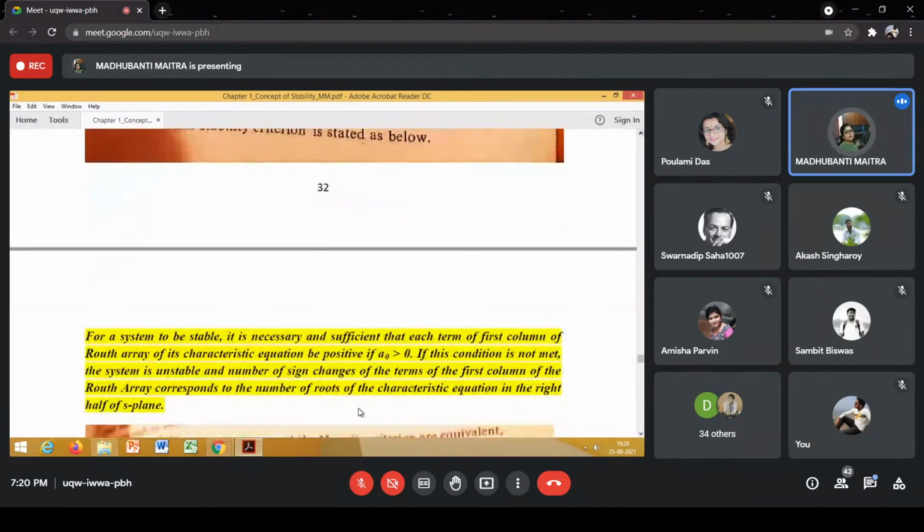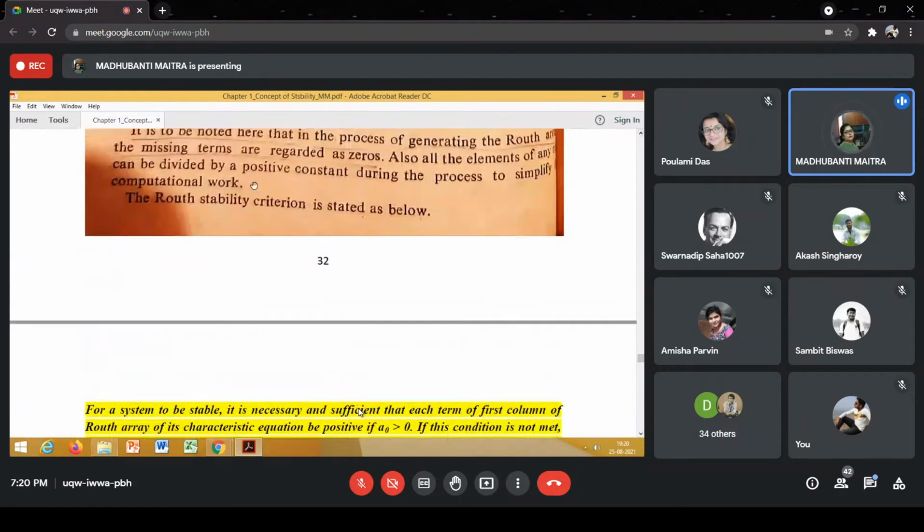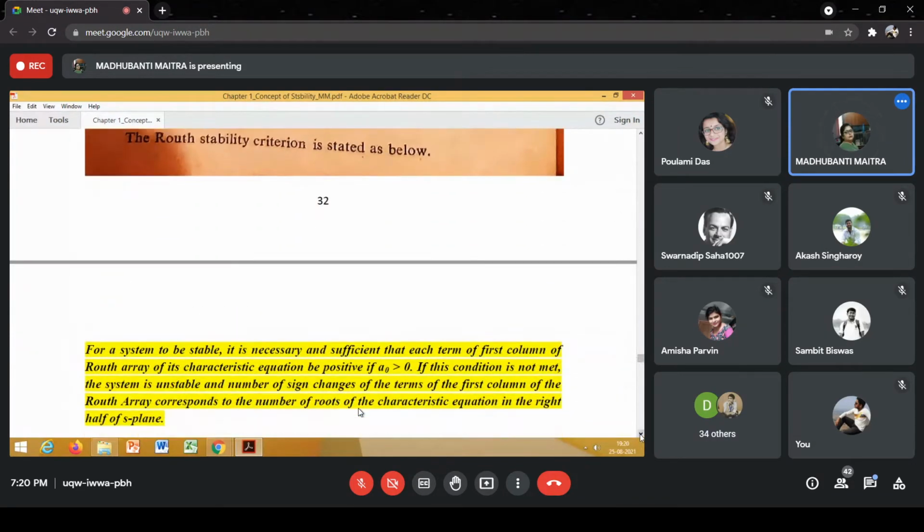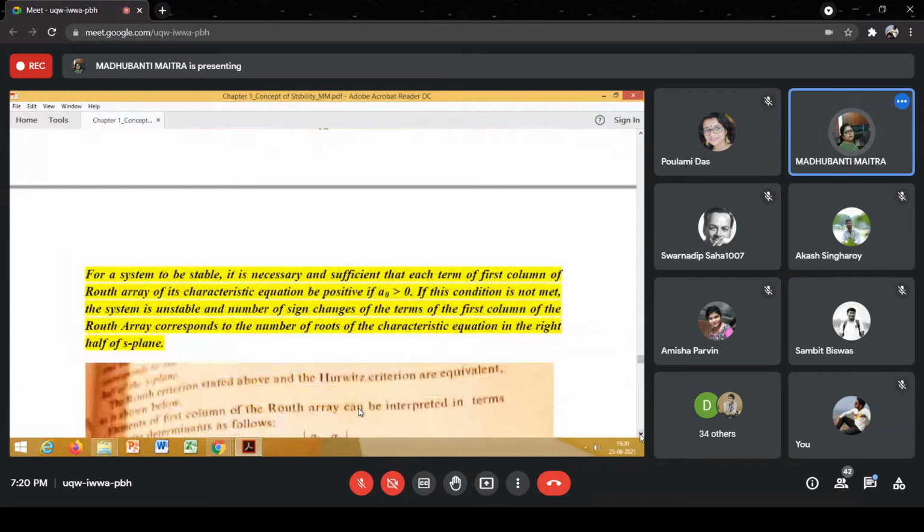So the Routh stability criterion is stated as below. For a system to be stable, it is necessary and sufficient that each term of the first column of Routh array of its characteristic equation be positive if a0 is greater than 0.